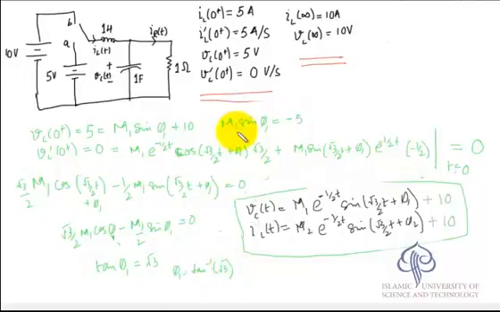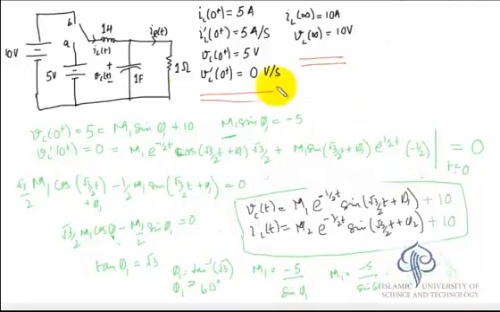And from this and this you get M1 is equal to minus 5 by sine phi 1. So tan inverse root 3, that is phi 1, is 60 degrees, and M1 is minus 5 by sine 60 degrees, that is minus 5 into 2 by root 3, that is minus 10 by root 3.